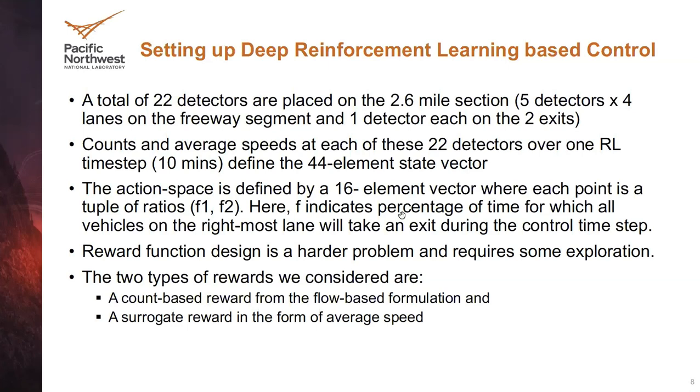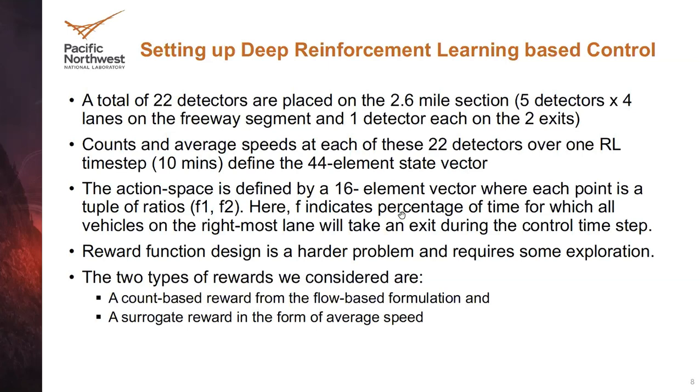And the reward function design is actually a bit harder than what it looks like. It took us some exploration, but we did end up with 2 different types of rewards, which is a count-based reward, which is based on a flow formulation. You want to maximize the total number of vehicles that are transported across the freeway from an operator perspective.